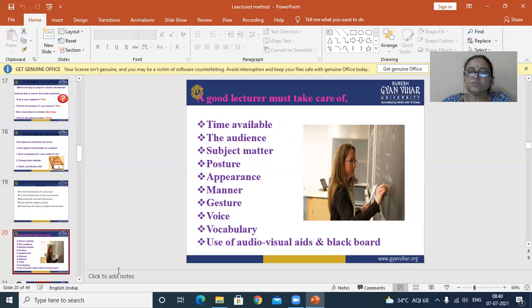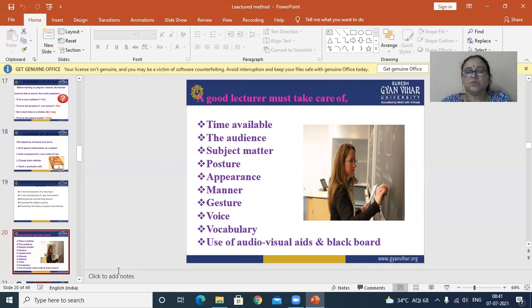Always use appropriate audio visual aid according to your topic, and use blackboard for hard words, key points, and to explain the things.